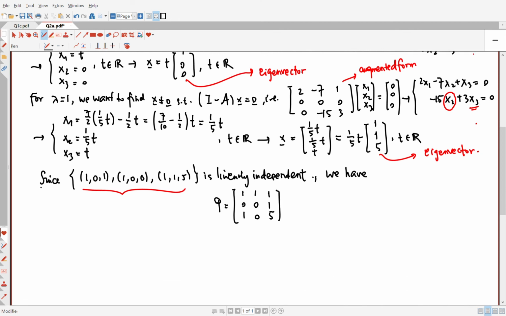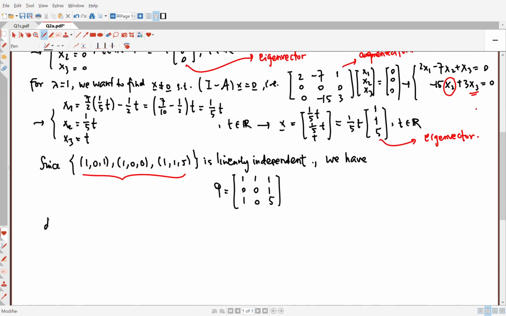P diagonalizes A. Then after this, what we need to do is find D.